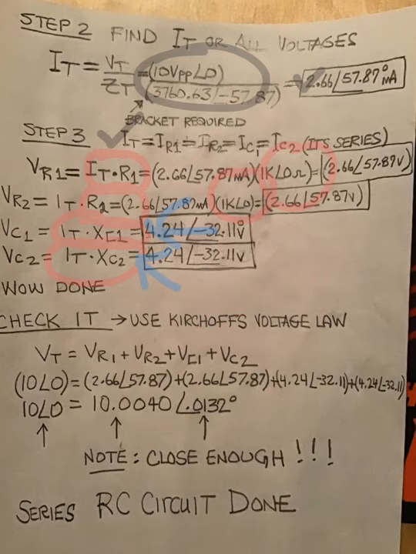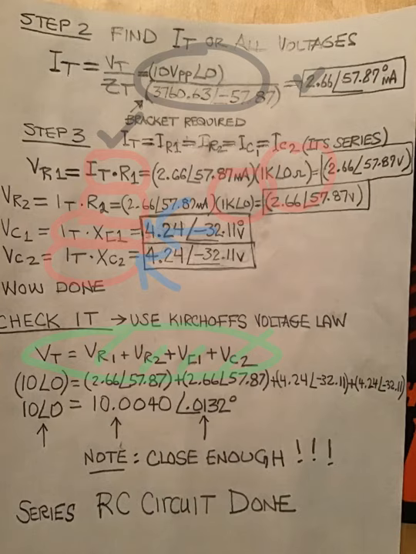And then when you're done, you should be able to check using Kirchhoff's voltage law that the sum of the voltages shown here, Kirchhoff said, if I have a battery and I have 1, 2, 3, 4 parts, those 4 parts will steal every volt of that battery.